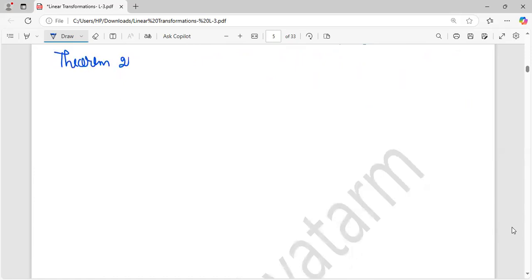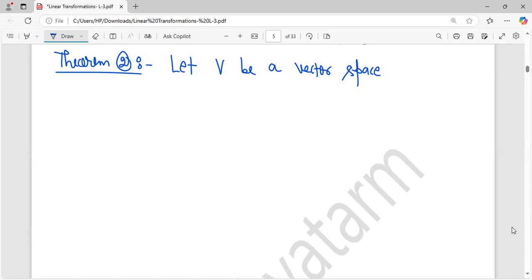Theorem 2. Let V be a vector space with dimension of V is n, that is finite.